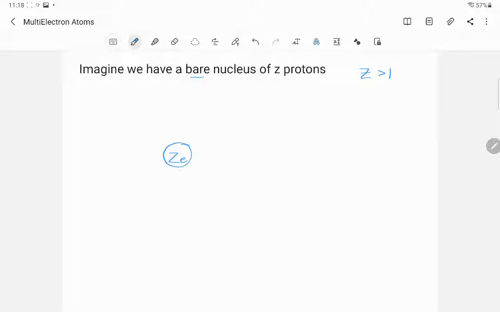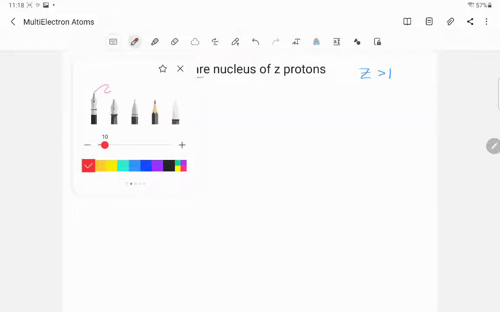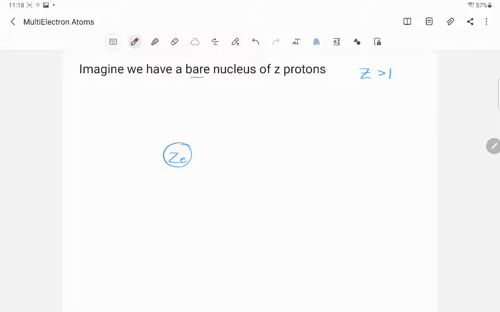If you have this out in the universe all by itself, it can stay this way. But if there are electrons around, of course, electrons are going to be attracted to this positively charged thing. So let's imagine adding 1 electron. I can add this electron anywhere.